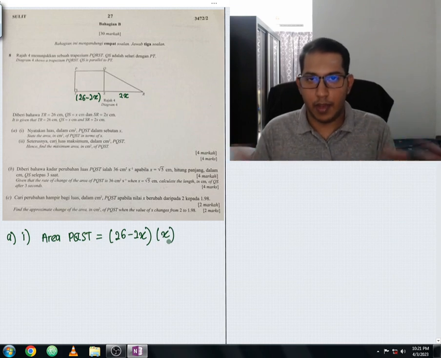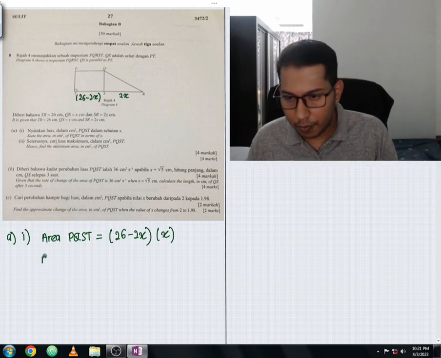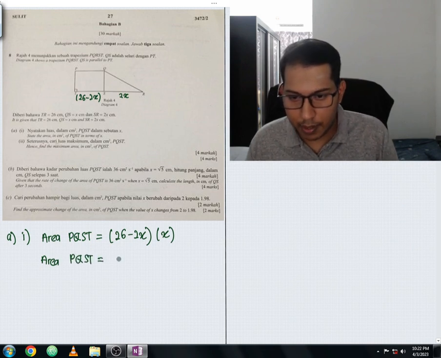So from here you expand the bracket. From here you should get your area PQST is equal to 26x minus 2x square. Okay, let me close bracket.